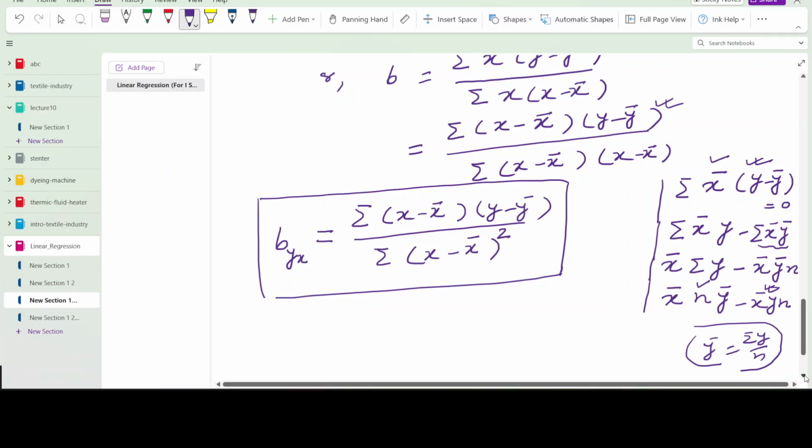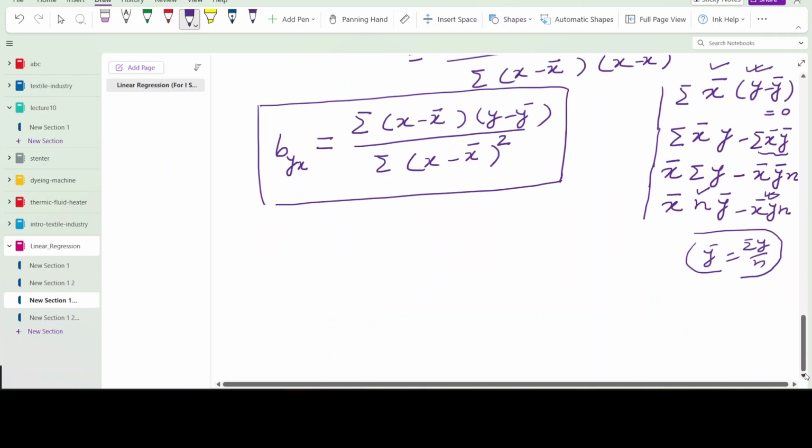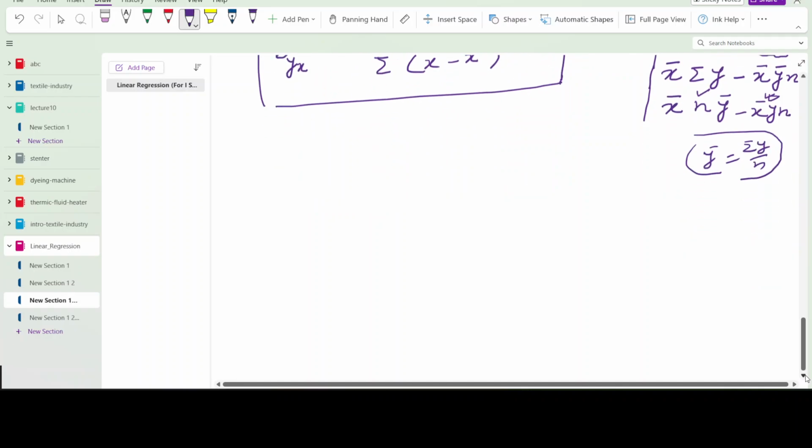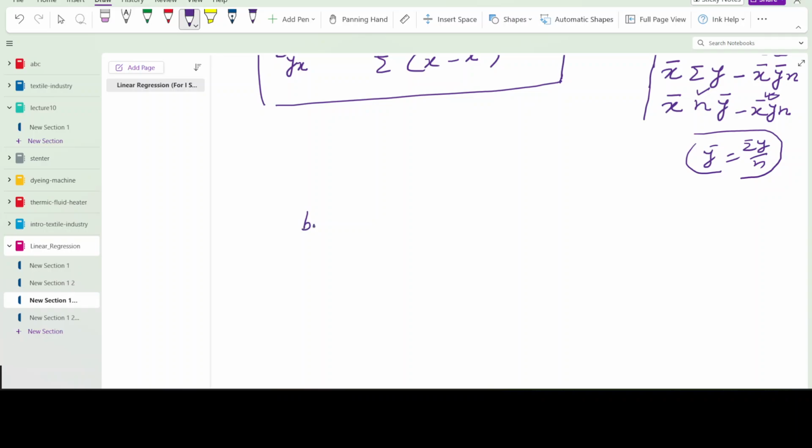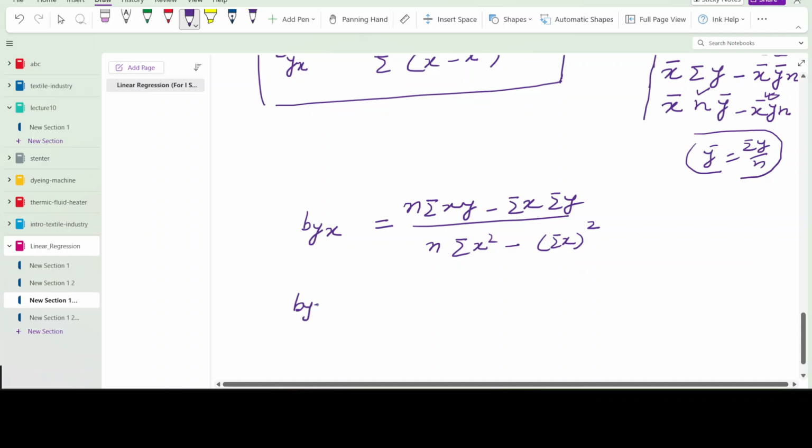We have introduced two equations for regression coefficient of y on x. I am writing both here. Byx is equal to n sigma xy minus sigma x sigma y divided by n sigma x square minus sigma x whole square, and after some manipulation we have found another equation also here.